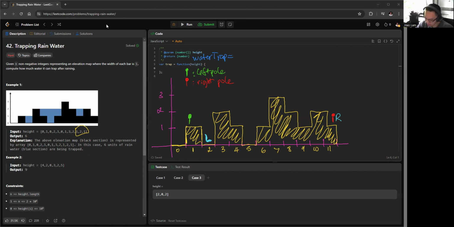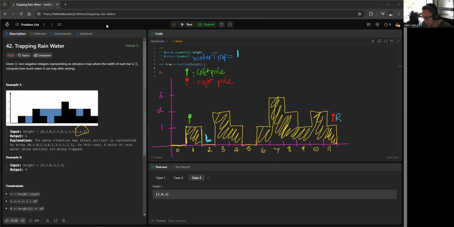In that case, we can calculate the water trap by taking the height at the left pole minus the height at the left index, which is 1 minus 0, which is 1. So water can be trapped here, and this is 1. And now we are done.